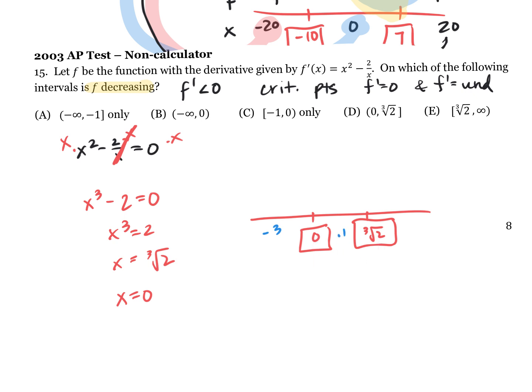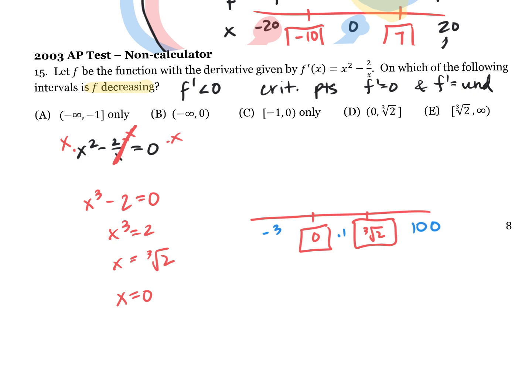Anyone else have a different guess? You'd be comfortable with 1 as well, because the cube root of 2 is 1.259. So pick something bigger than the cube root of 2. Again, if you don't know what that is, go drastic. Just pick 10, or 100.